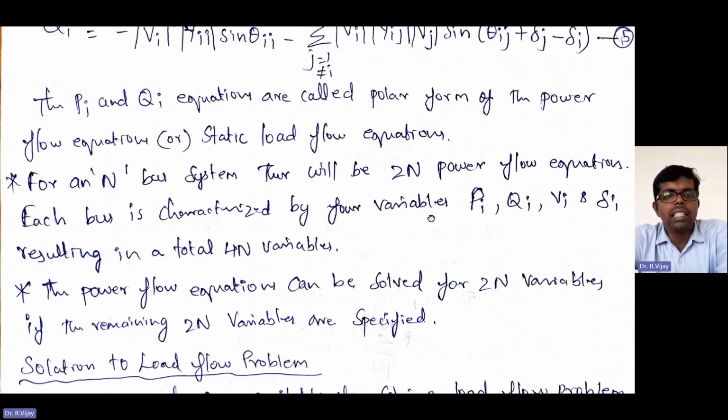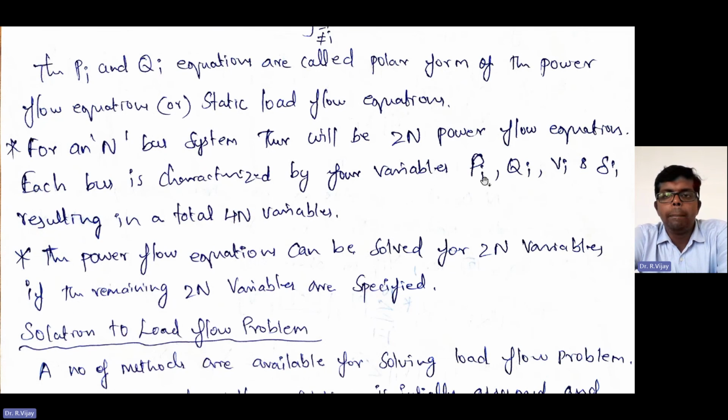For an n bus system, there will be 2n power flow equations. Each bus is characterized by 4 variables, that is Pi, Qi, |Vi| and delta i, resulting in a total of 4n variables.